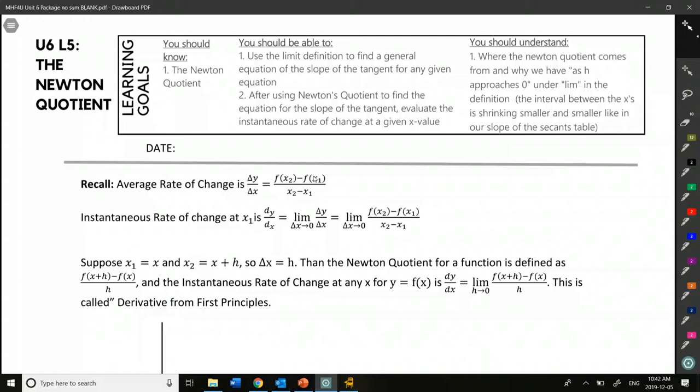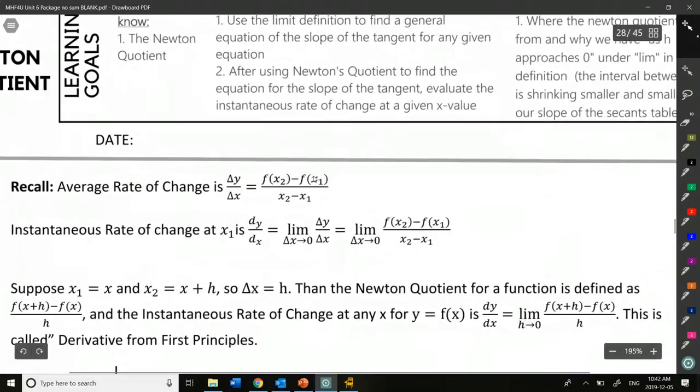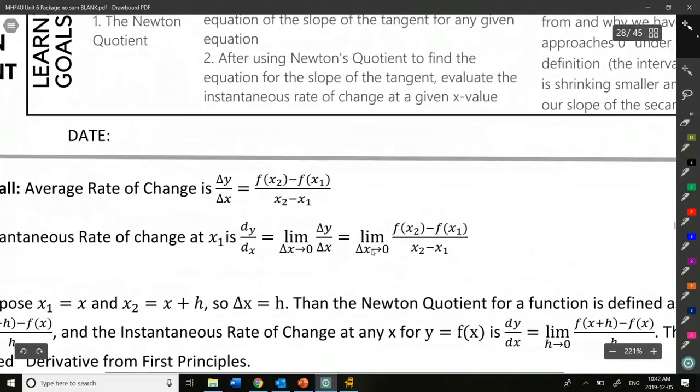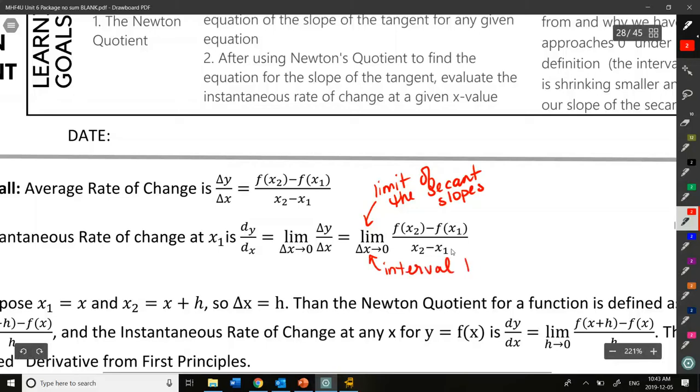As we make the x's closer and closer together, the change in the x's is approaching 0. That's the idea of what we're going to build on today. This idea of the limit of the slopes of the secants is what we want to explore a little bit more. And this says that the interval between the x's is approaching 0, so it's getting smaller and smaller.